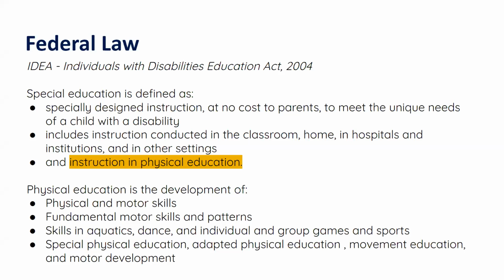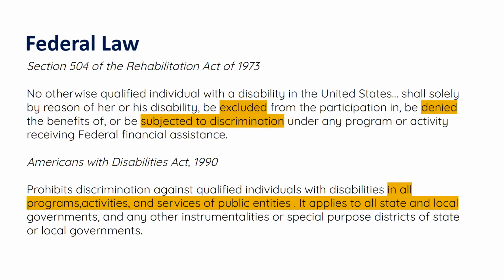So you will notice that in every IEP, we have to discuss that we have addressed physical education and the students' access to physical education. That is why there is a specific guidance document for that, because it is a key component of what special education is defined as.